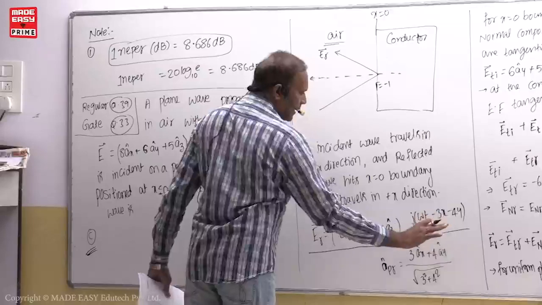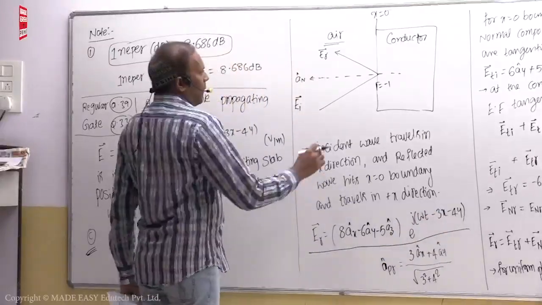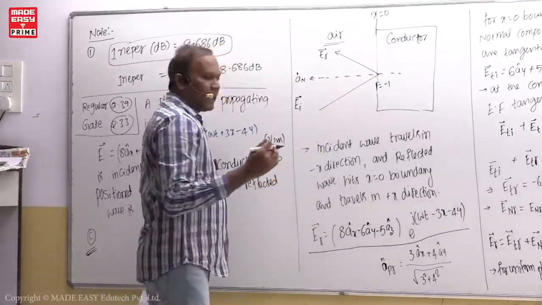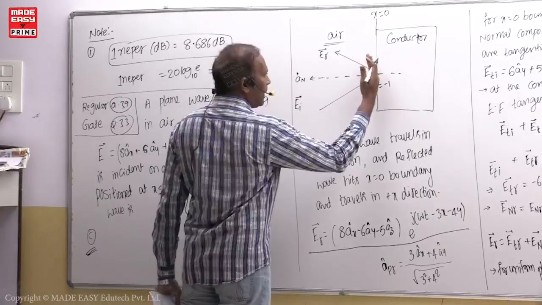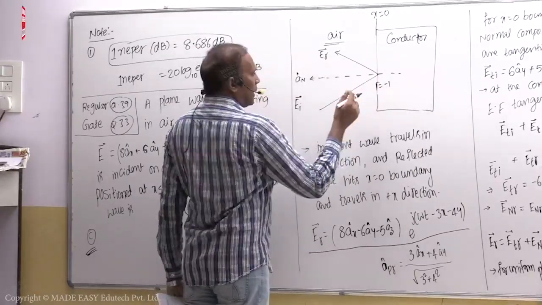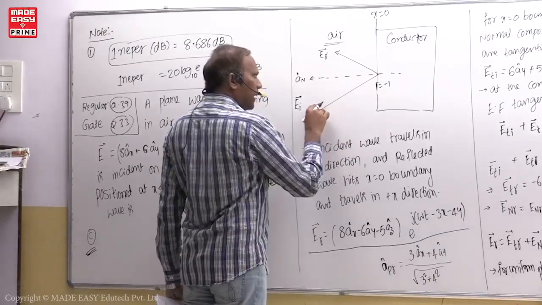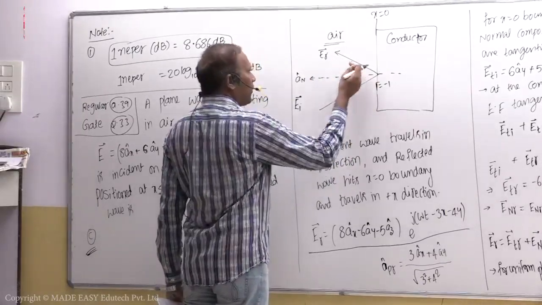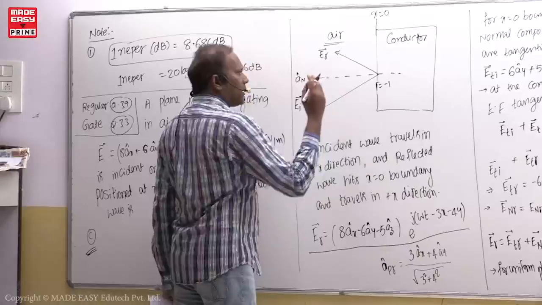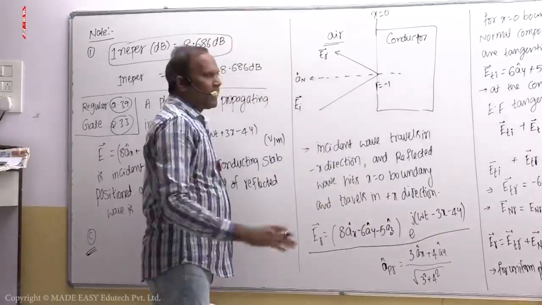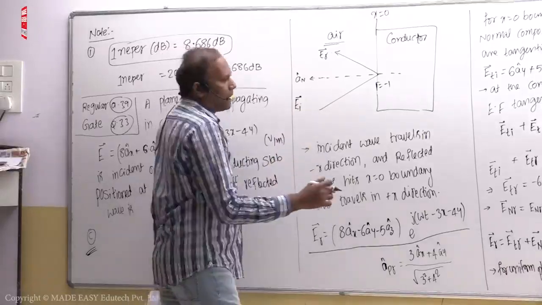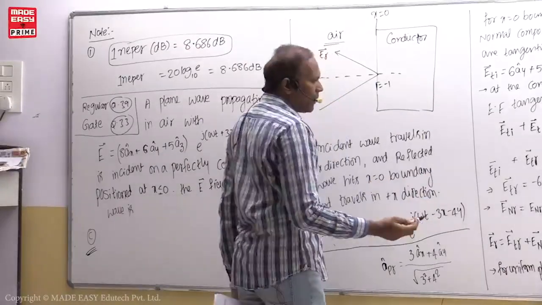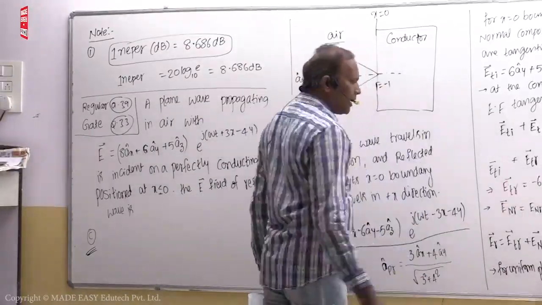So that is regarding direction. Now at the conductor surface, the tangential component of the total electric field is 0. So the tangential component of the incident electric field plus the tangential component of the reflected electric field gives the total tangential component at the conductor surface. So that is 0. From that you get the tangential component of the reflected field.